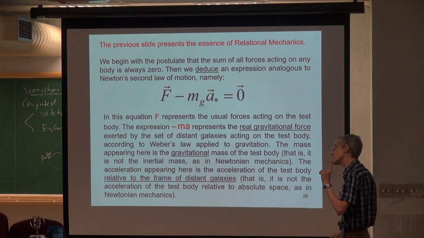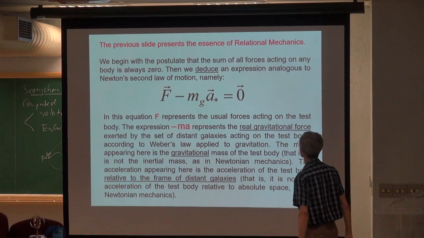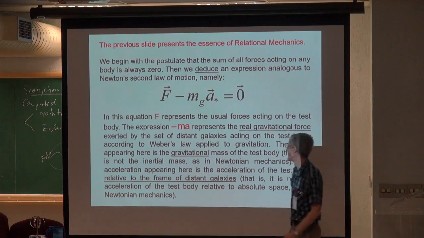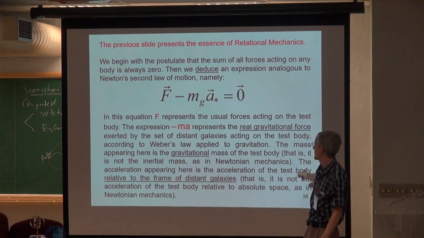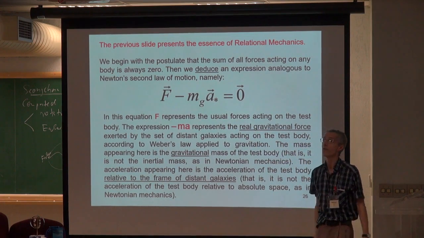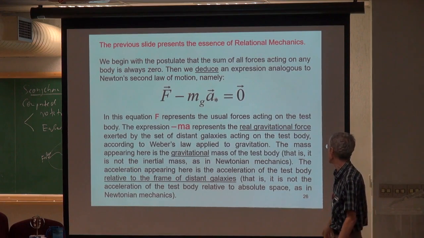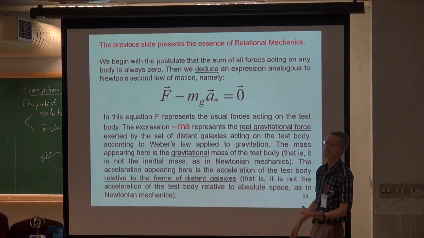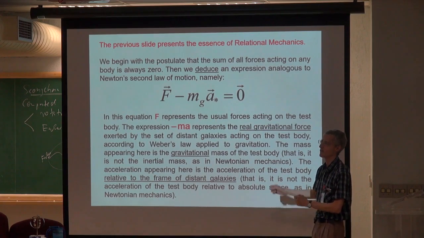That is, it is not the inertial mass as in Newtonian mechanics. The acceleration appearing here is the acceleration of the test body relative to the frame of distant galaxies. It is not the acceleration relative to empty space, to the vacuum, or to Newton's absolute space.